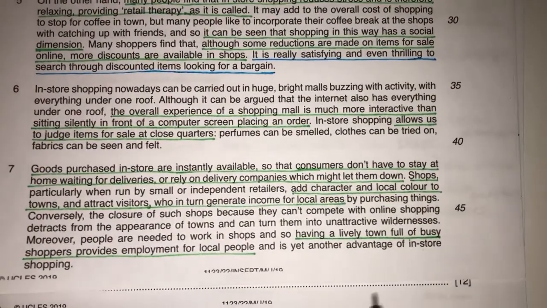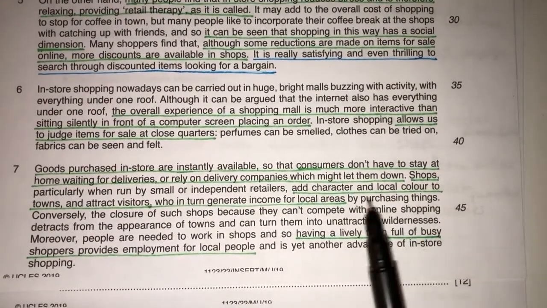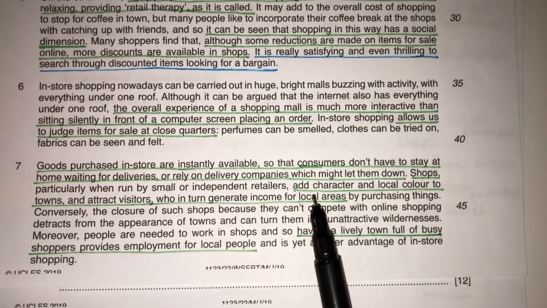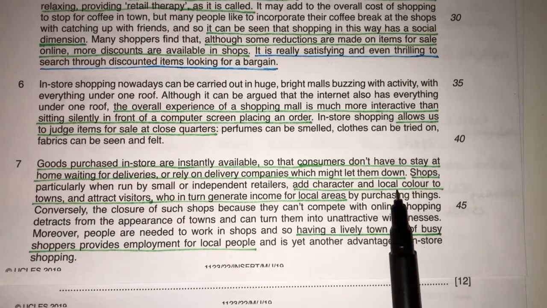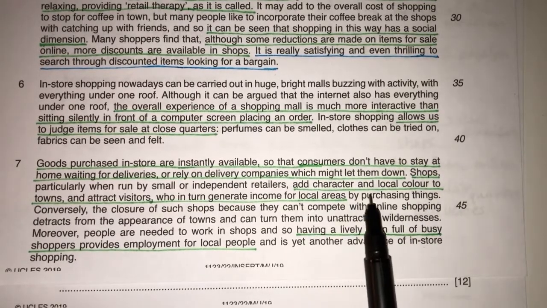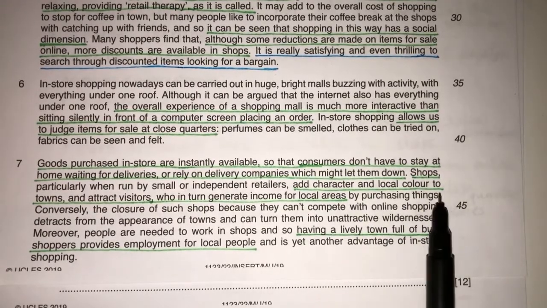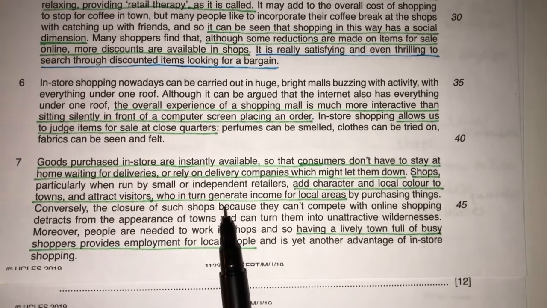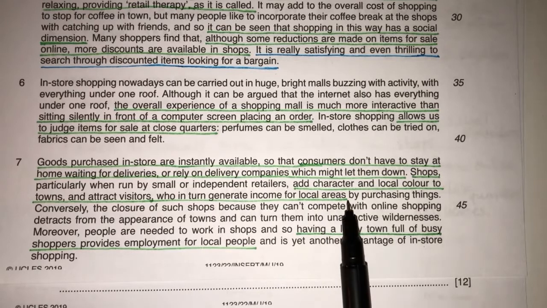Last thing, we have 2 options. Shops add character and local color to towns, attract visitors who generate income for local areas.